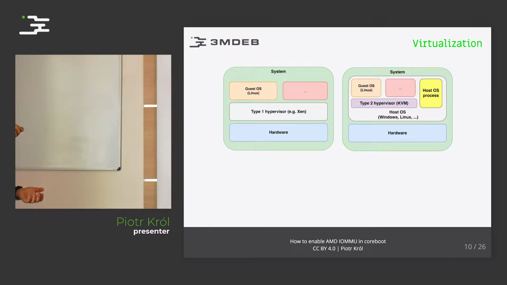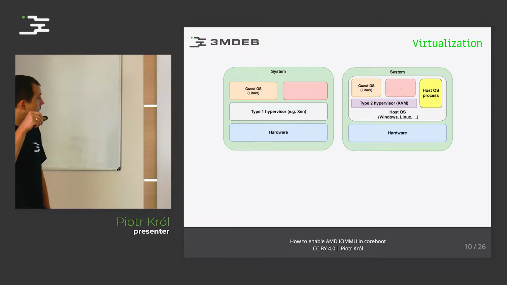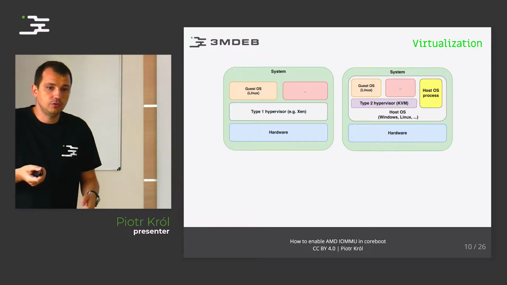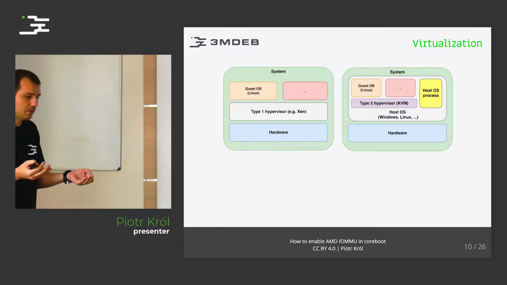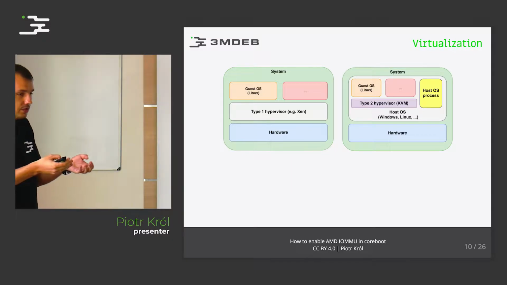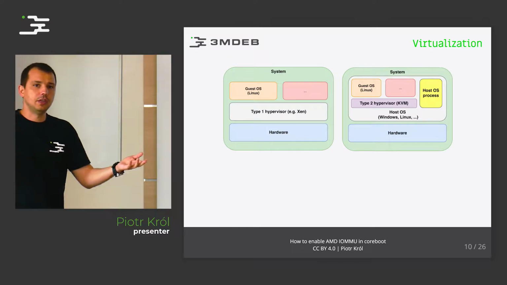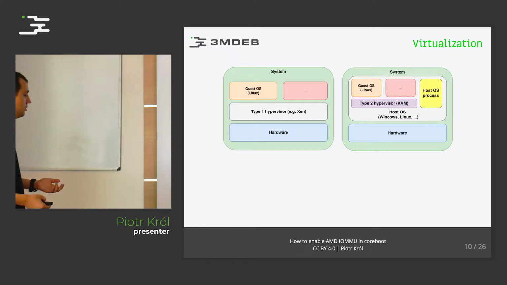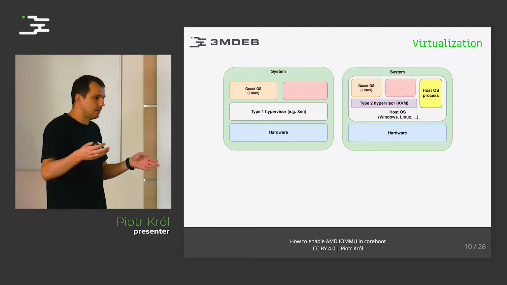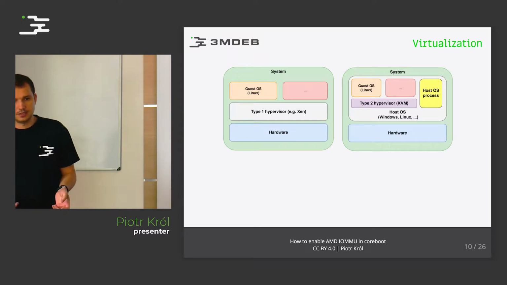This type of hypervisor is, for example, Xen. Inside Xen we have something called Dom0 and DomU. Dom0 is the operating system running on top of the hypervisor that manages running other VMs, the guest OSes. So it's like a master guest OS, we can say.